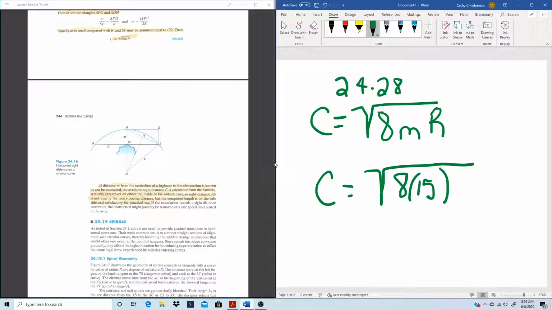Then it said to refer to problem 24-7 for your R, so we would have to have R. I'm just going to plug R in real quick. My R is 2,291.83.